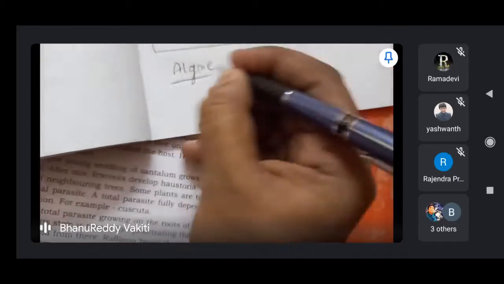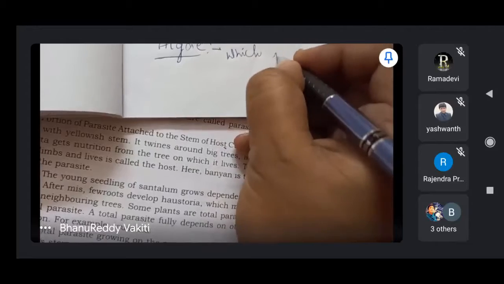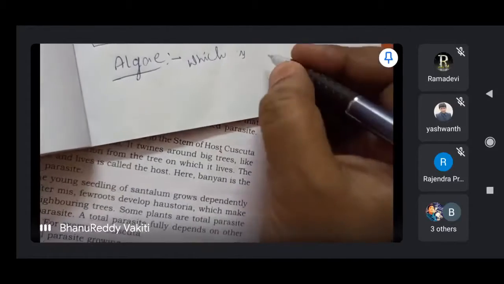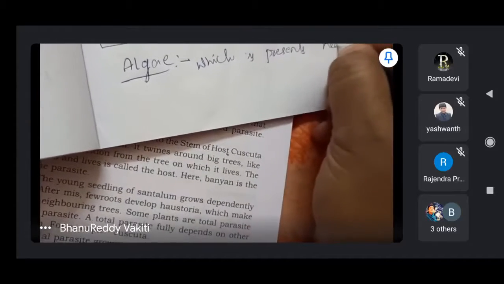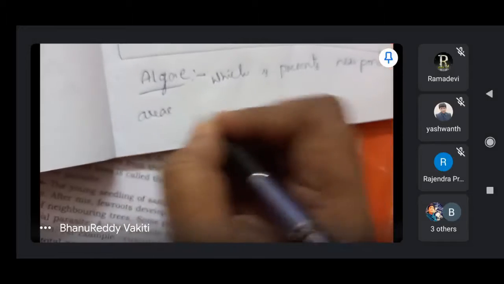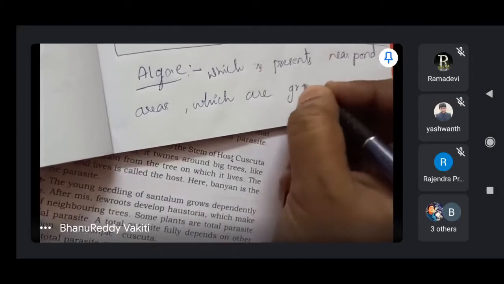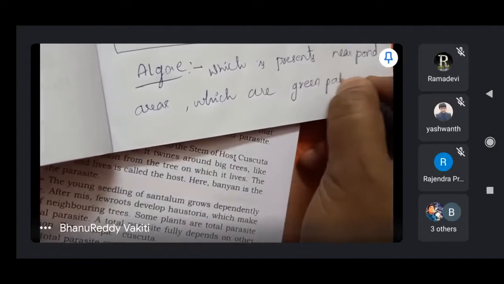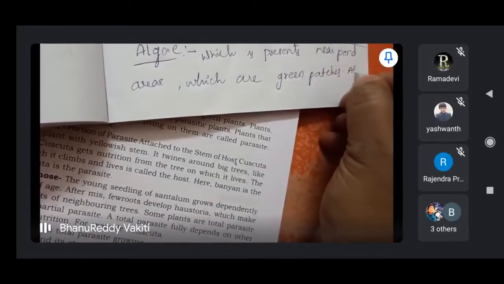And on the basis of this alga, prepare their own food in the presence of photosynthesis, which is a green patch, which is present at pond areas, and which is green, okay na, and which is also having chlorophyll.